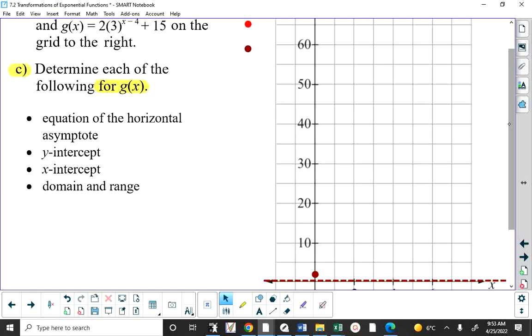And since the base is 3, every time we go 1 to the right, y will be tripled. So when we go over to x equals 1, y will be 3. When we go to x equals 2, we triple 3 and we get 9. When we go over another one, we triple 9 and get 27.